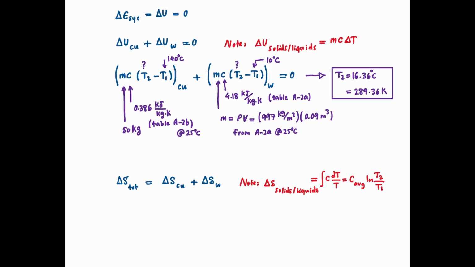So delta S total equals mc natural log of T2 divided by T1 of copper plus mc natural log of T2 divided by T1 of water.